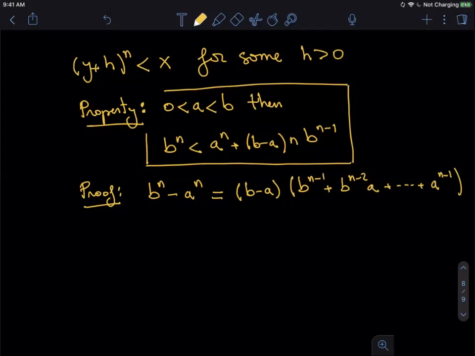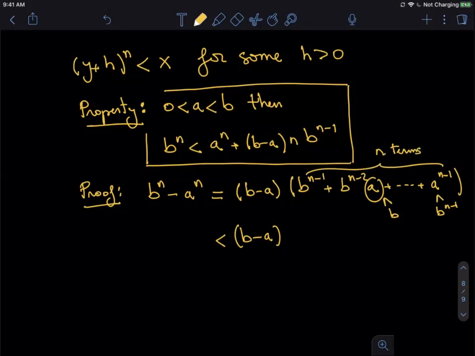And here comes the fun thing. a is less than b, so a^(n-1) is less than b^(n-1). So we have that this is less than (b minus a), which is positive, times how many terms do we have here? We have n terms.